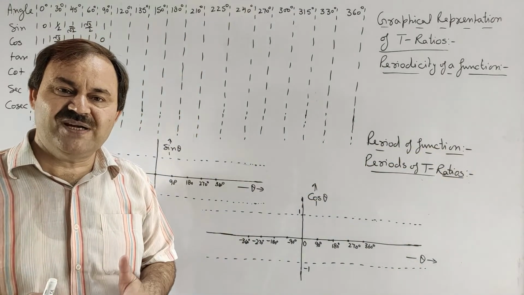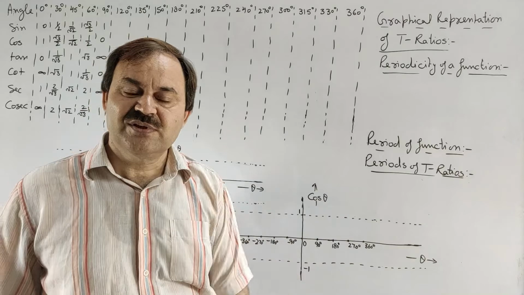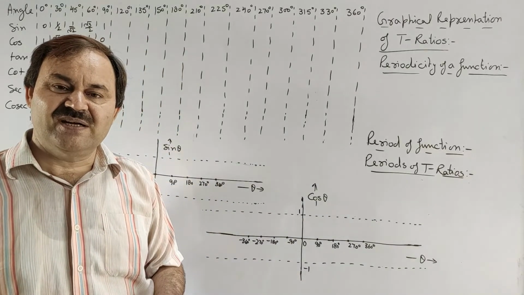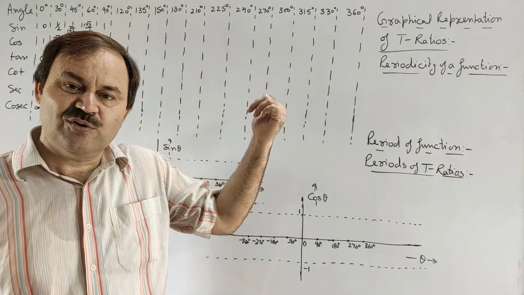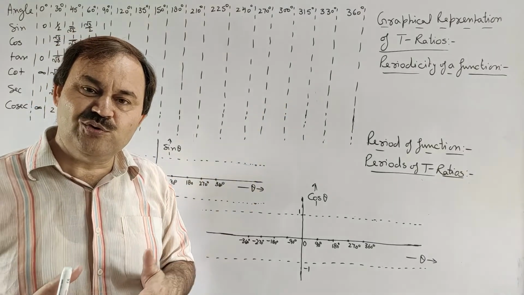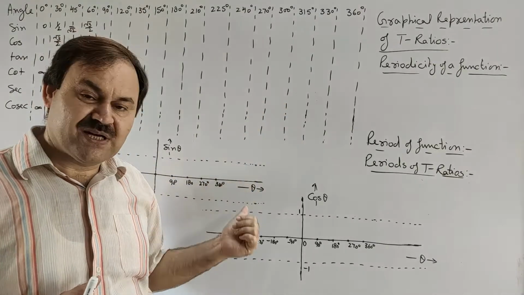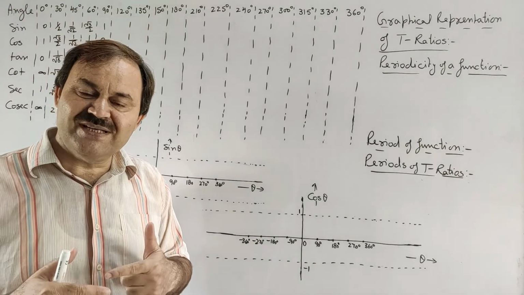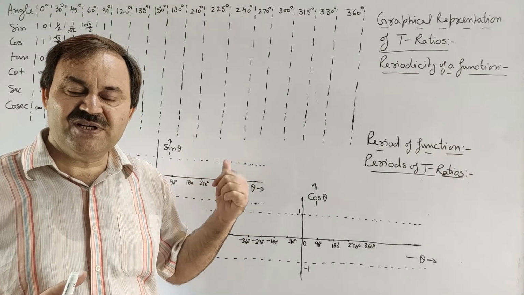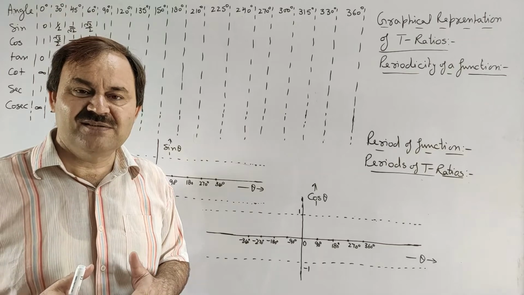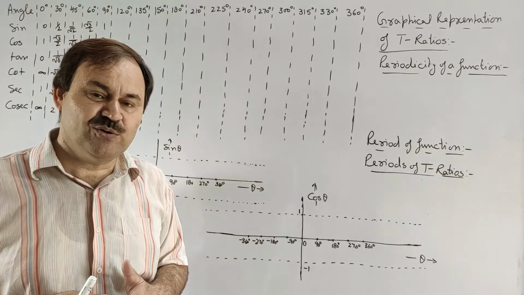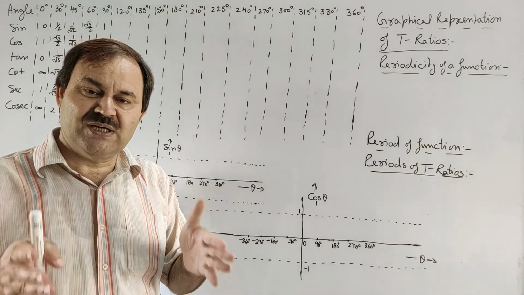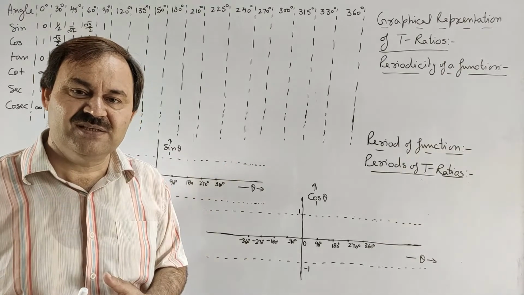Also we will find out the periods of T ratios, and using the values of the T ratios obtained from 0 to 2 pi, we will represent pictorially the variation of T ratios with angle theta. So be ready with your pen and notebook to draw the curves with me.